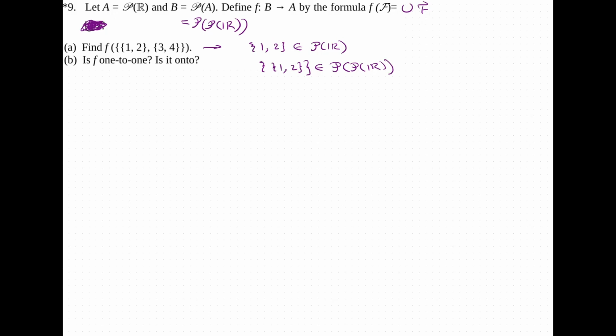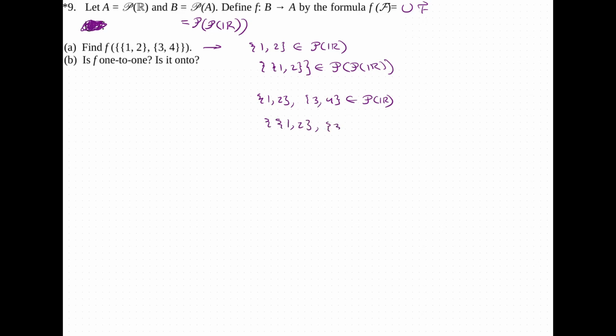Now, the set {1, 2} and the set {3, 4}, these are elements of the power set of the real numbers. But when we look at the power set of the real numbers, we can take the set containing both of these.